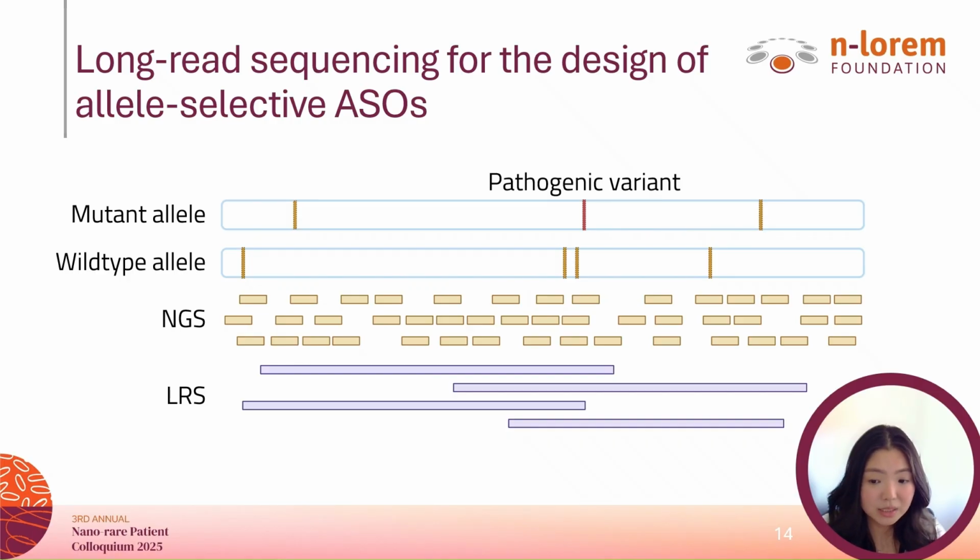And so with short read sequencing, what we'll need to do is instead inference. We might need to use the information from parents or even the population in order to guess which variants are also on the same allele. However, with long read sequencing, because they can span such a large distance, the reads themselves are very informative and can tell us which variants are on the same allele as the pathogenic variant.